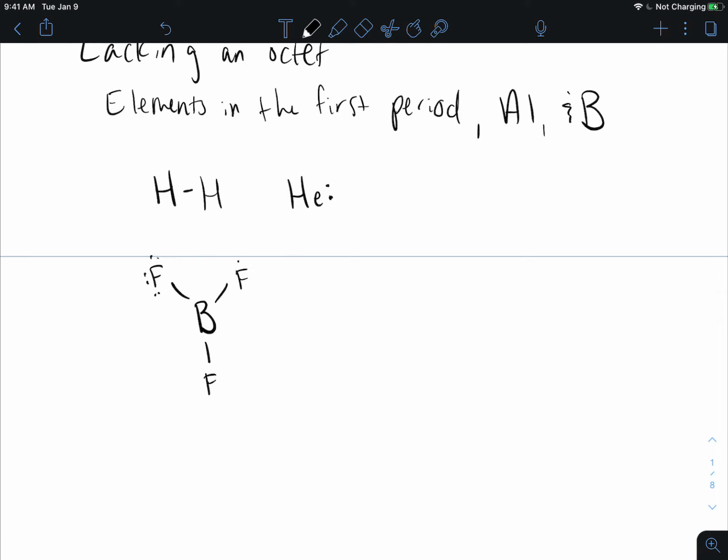Will actually form structures where we only have six electrons around the boron and the aluminum. And these are stable structures.